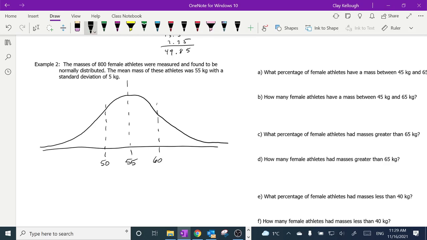So this is 60. And then my second standard deviation would be 65 and 45. And then my next standard deviation. These are all the same distance horizontally, at least they should be. Sorry if my drawing's not perfect. And there we go. That's probably enough.